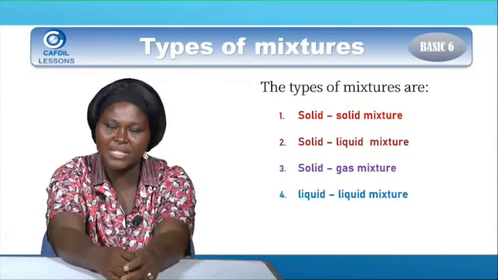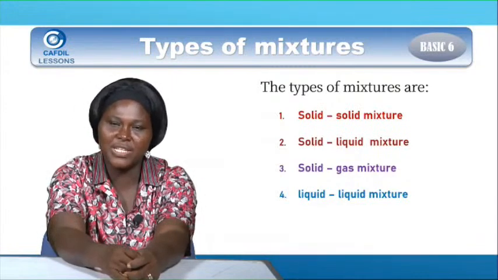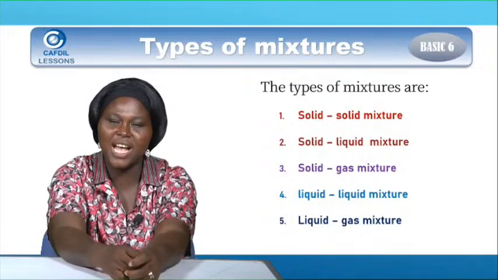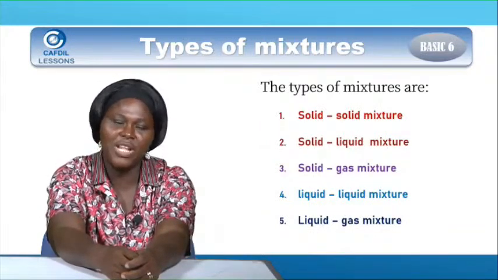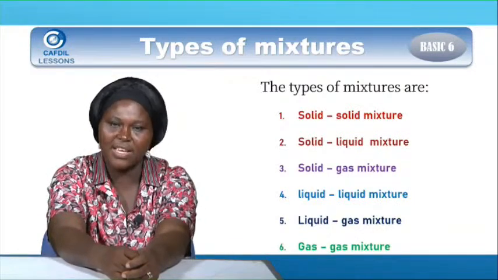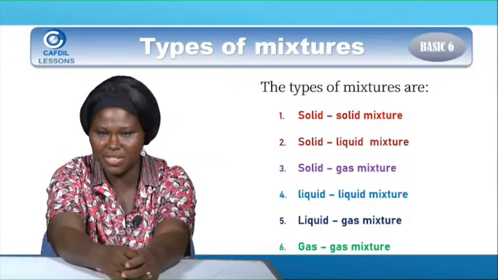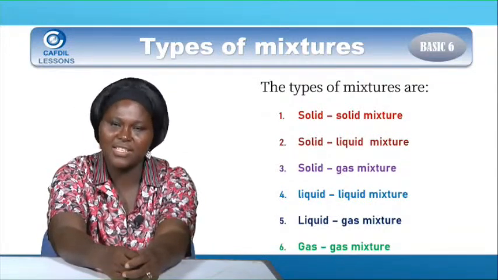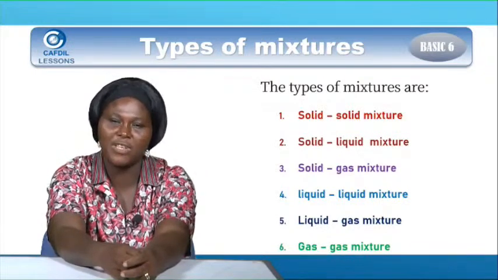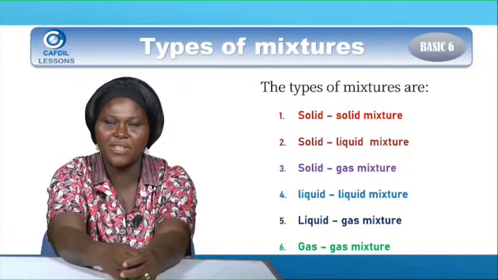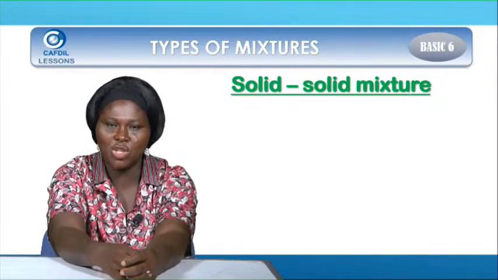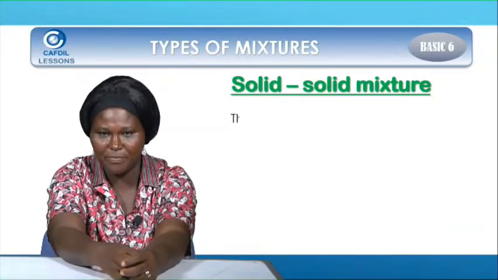Liquid mixture. 5. Liquid gas mixture. And the last one, 6, is gas mixture. We are going to look at these types of mixtures one after the other.